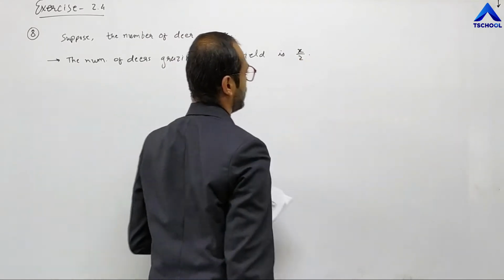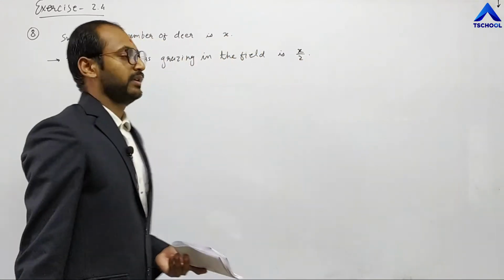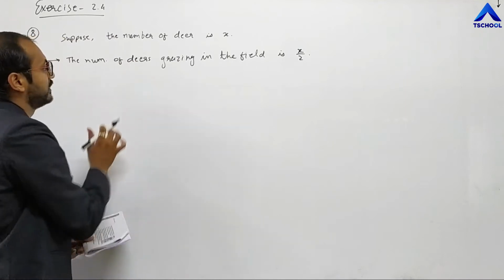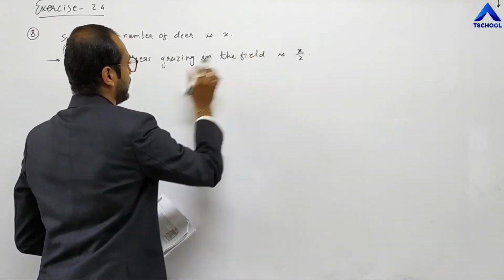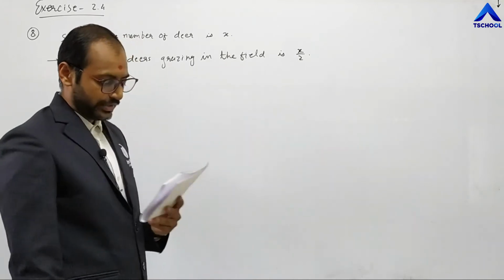We don't know what the number is, but from this sentence we can write this. Half of the deer is grazing in the field.